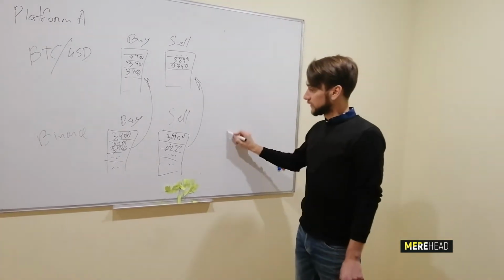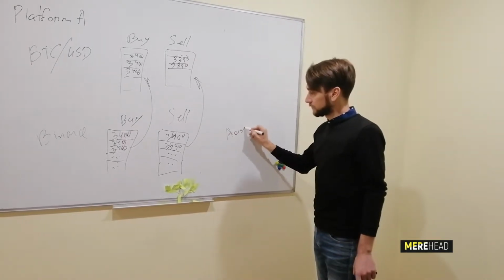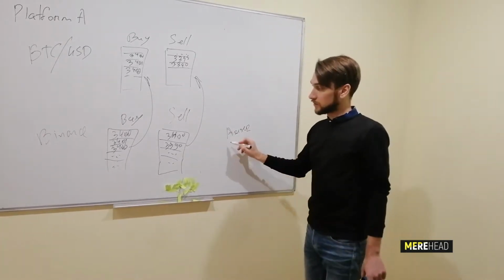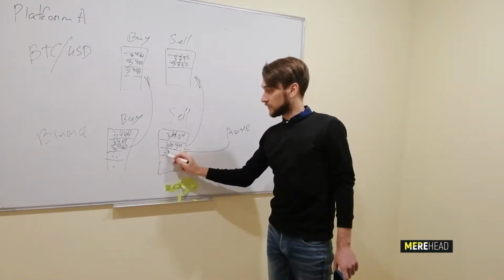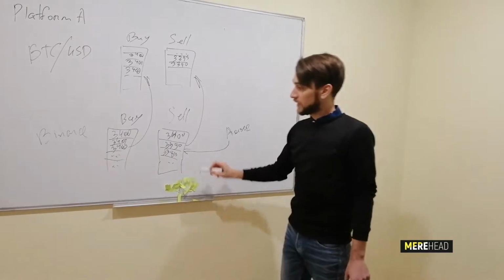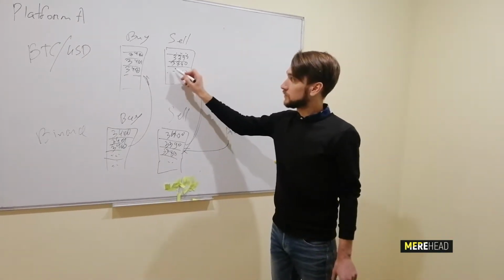This means if user A creates an order for the sell side with, let's say, price 80, this exact order will appear on your system almost immediately.